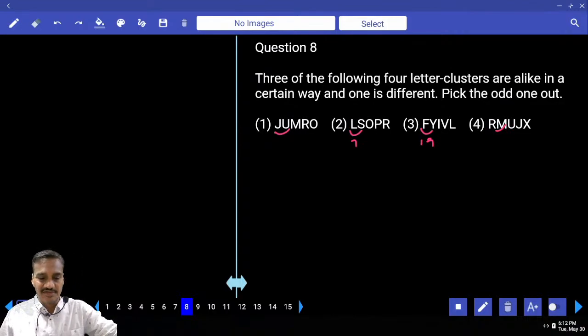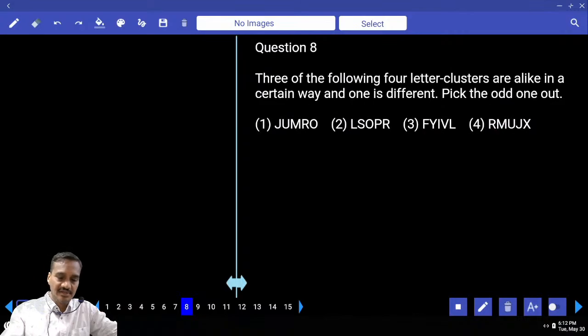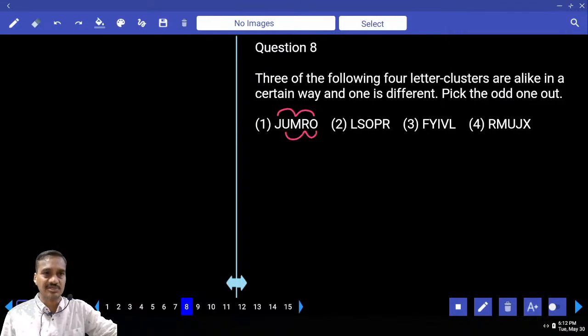The difference between the letters is not following here. Then J, M, O: J to M plus 3, plus 2. O plus 3 R, plus 3 U. J plus 3, plus 2 again, and plus 3 and plus 3. In the same way, L and O plus 3, O and R plus 3, R and P plus 2, and P and S plus 3.